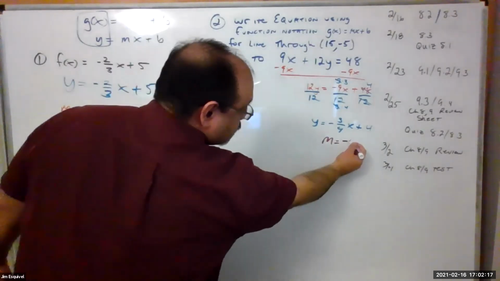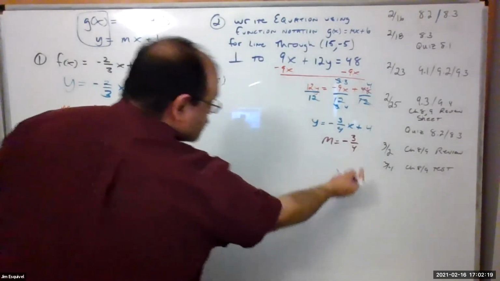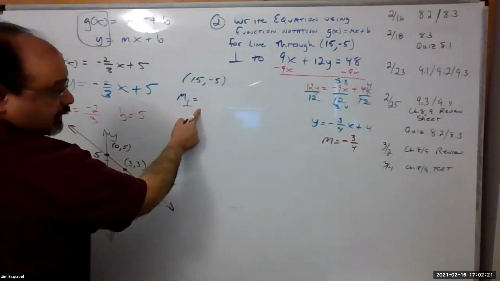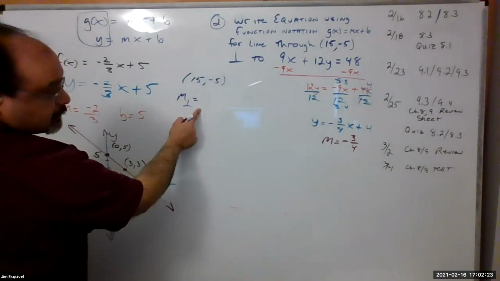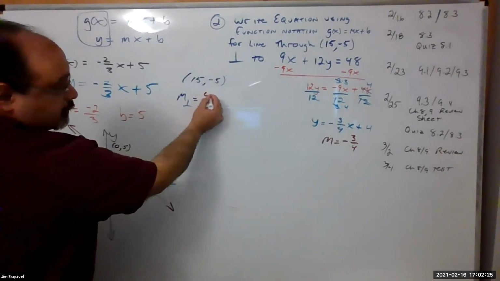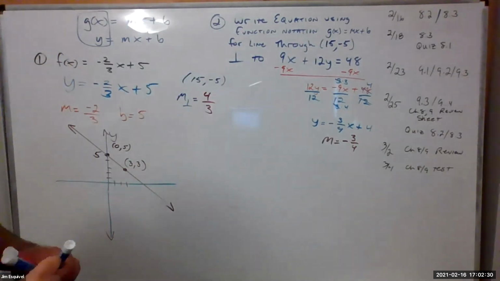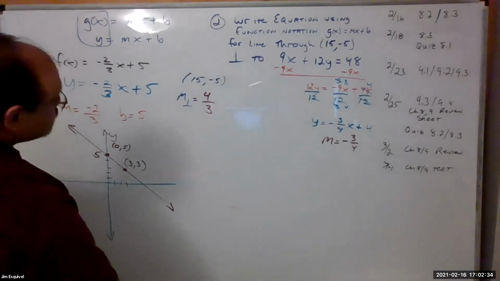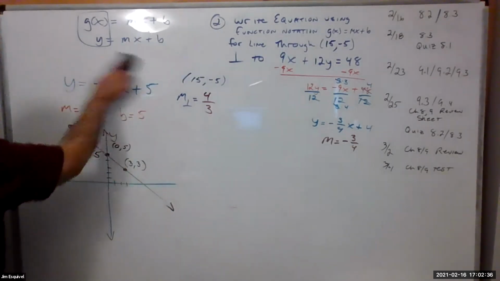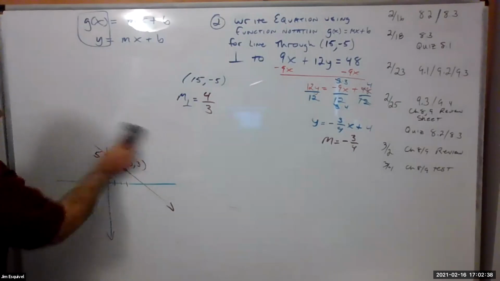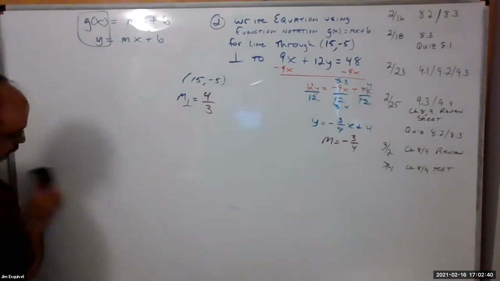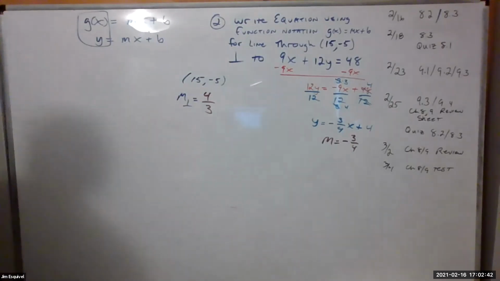Negative 3/4. So the perpendicular line is positive 4/3.